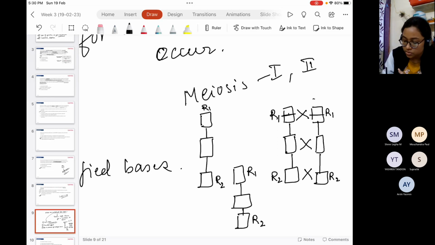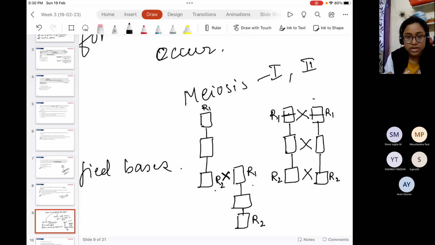So here now recombination is happening between R2 and R1. Now they are similar sequences, not exactly identical. But the alignment has happened in such a way that recombination can only happen in this manner. The alignment is governing how the recombination is going to happen ultimately.